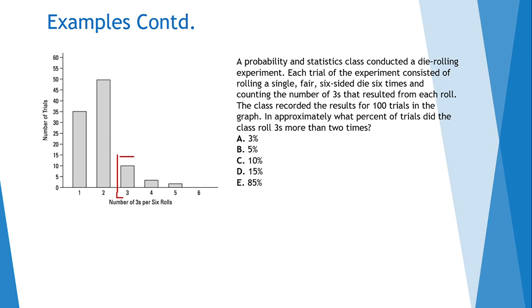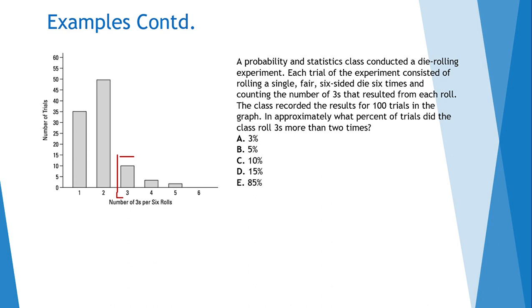So in that case, I'm just going to add up all of these bars, and that should give me my percentage because all of this should add up to 100%. So I have 10% for 3 threes per 6 rolls. I have a little less than 5 for 4 threes per 6 rolls.